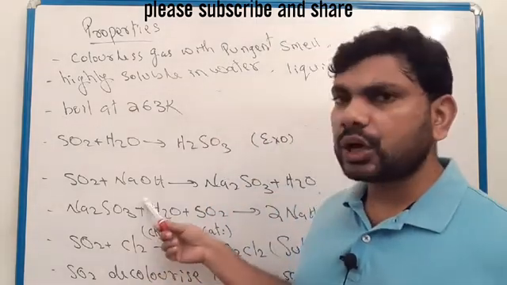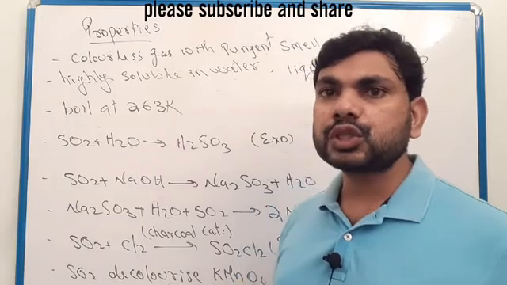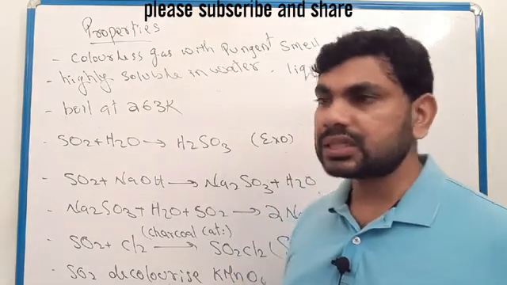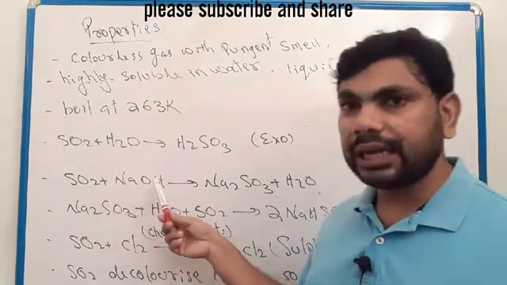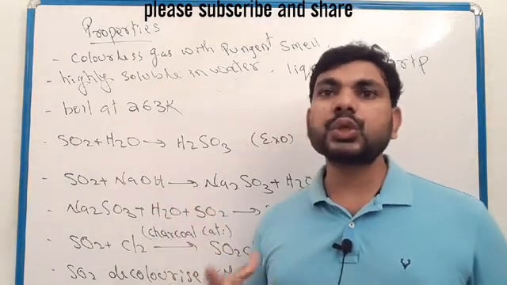Sulfur dioxide reacts with sodium hydroxide and forms sodium sulfite, Na2SO3.